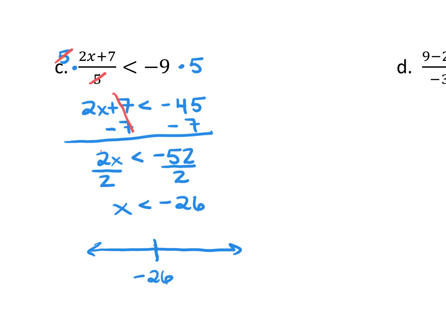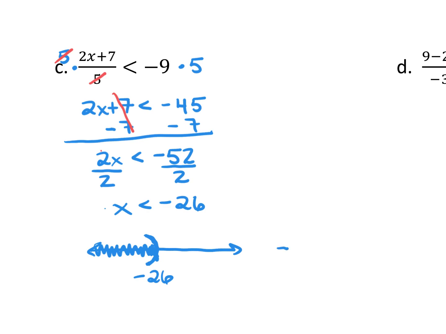We have our 26, we do have our variable on the left, and we can follow the arrow, and these are the numbers that are less than negative 26, and at negative 26 we have a parenthesis because it is not included.